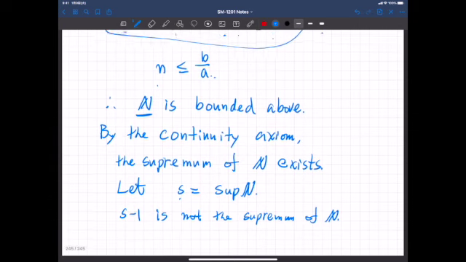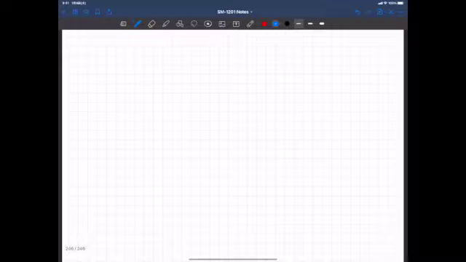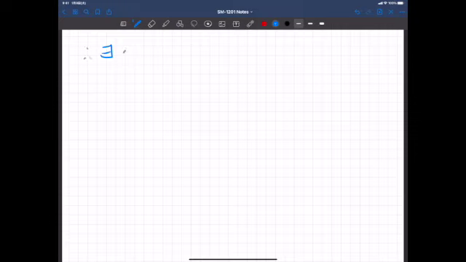So if it's not a supremum of the natural numbers, that means some natural number is greater than s minus 1, right? Therefore there exists some natural number, let's call it m, such that s minus 1 is less than m.